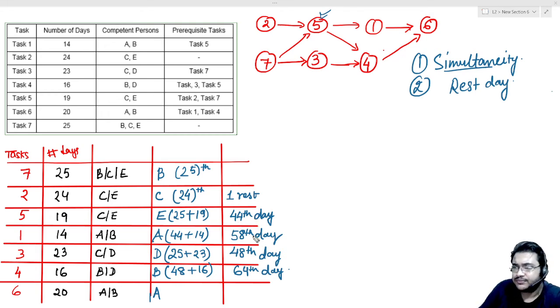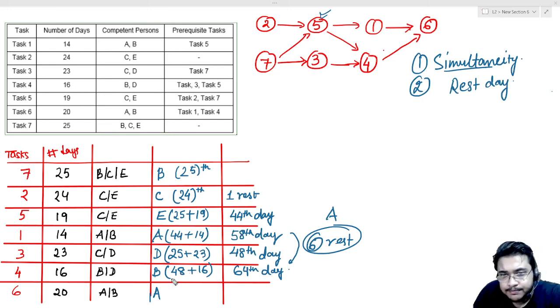How many days has he waited? If you calculate from 58, it will be 59, 60, 61, 62, 63, 64. So actually A has already received 6 days' worth of rest, from the 58th day to the 64th day.